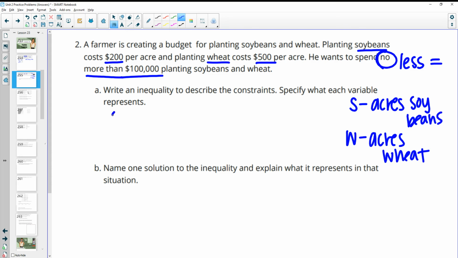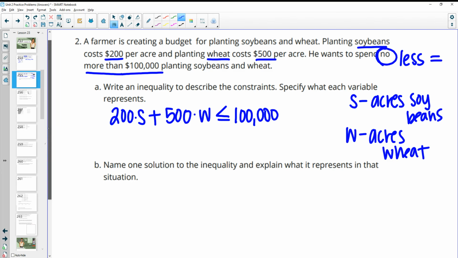So we're spending $200 per acre of soybeans, so 200 times however many soybean acres we plant. And then we're going to add on $500 per wheat acre that we plant. And we need this to be less than or equal to $100,000.